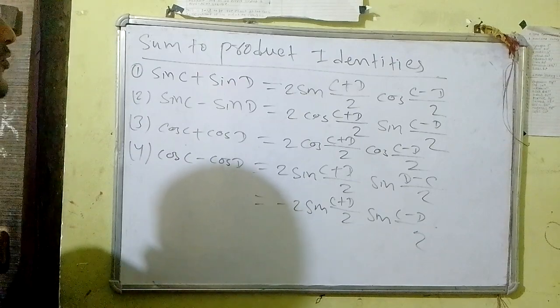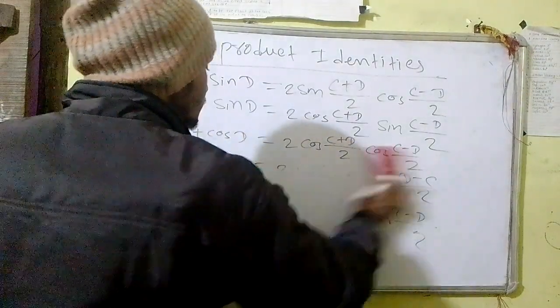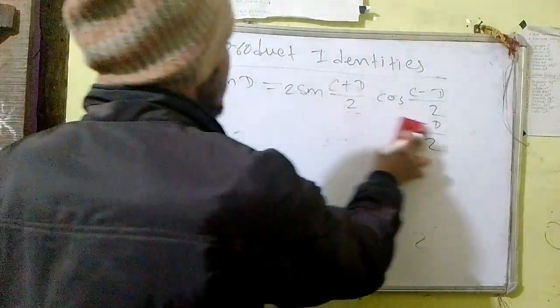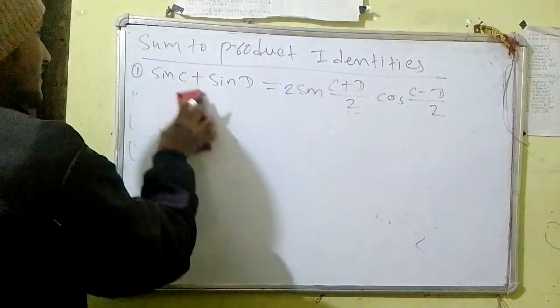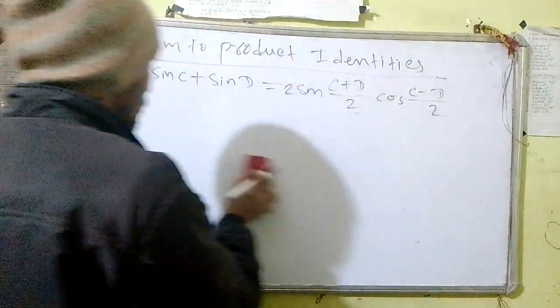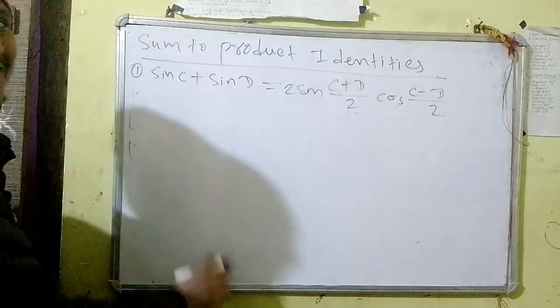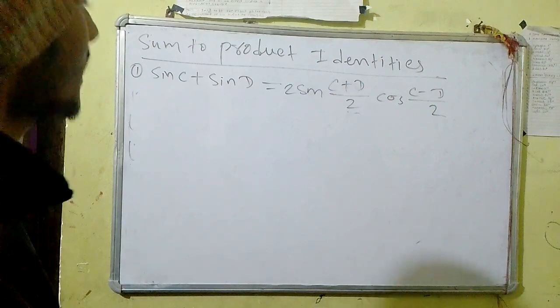Now it's time to prove these identities. Okay, so let's prove them. So you want to prove the first one. How do you prove it? This comes from our old identity. Which identity? By old I mean product to sum identity.